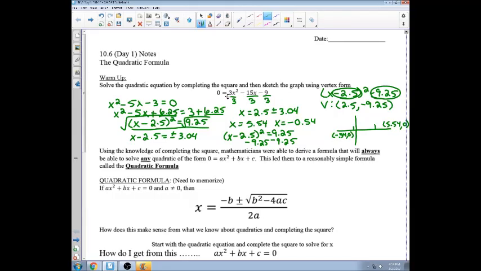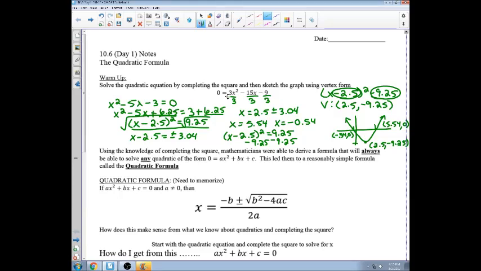Now the last thing I need to do is find my vertex. So 2.5 would be somewhere right in the middle. Go down to negative 9.25. So this point would be 2.5 comma negative 9.25. Go through all of my points. And I have a sketch of my graph.